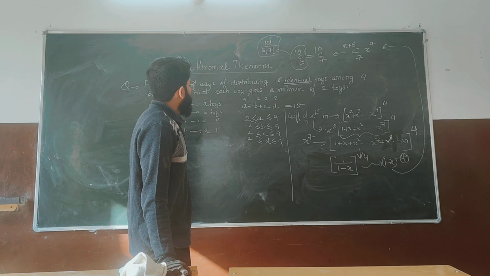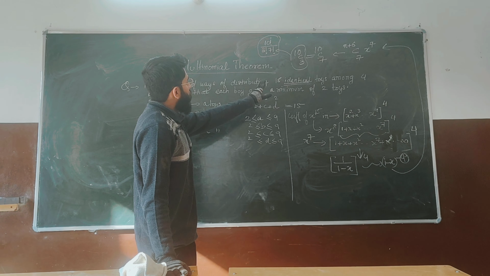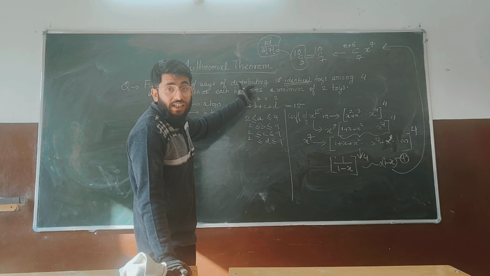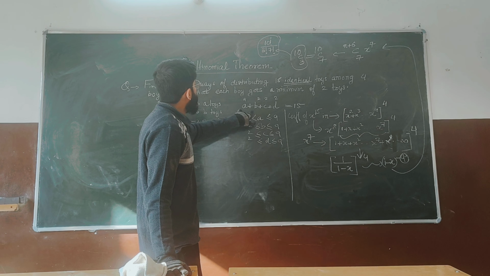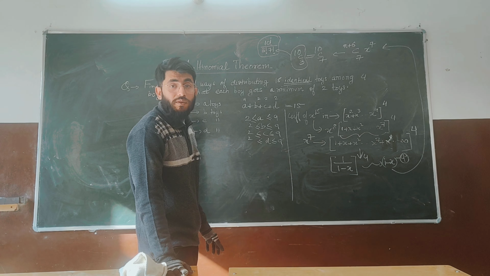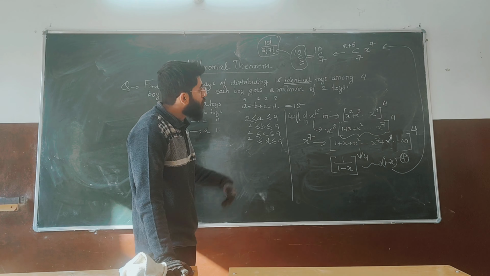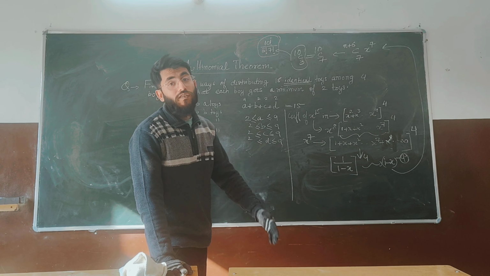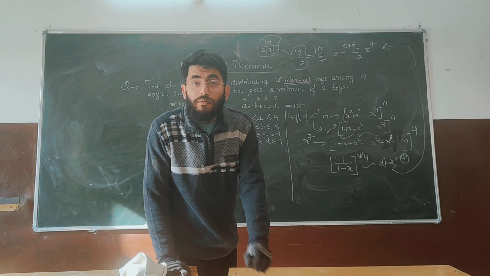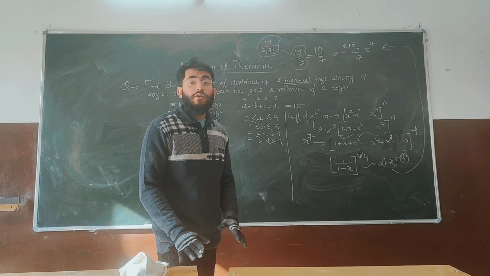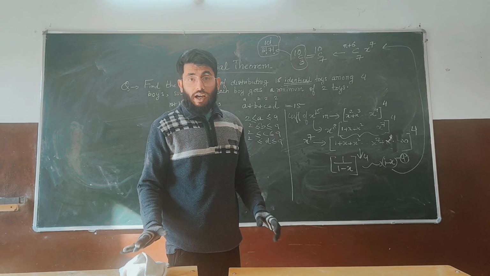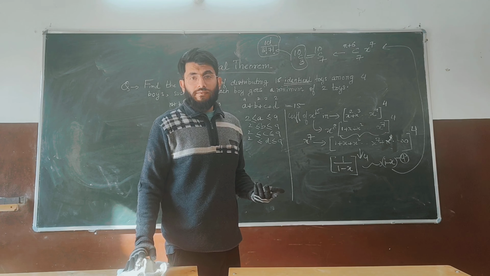Clear? So this question, which is a question of PNC, we converted into something which comes under the purview of multinomial theorem. This is how we use multinomial theorem to solve permutation and combination problems. The important part to note is that multinomial theorem works only when we are distributing identical objects among different entities.